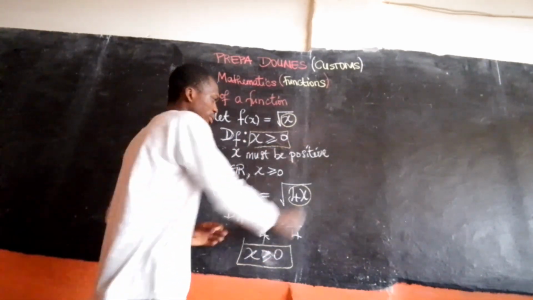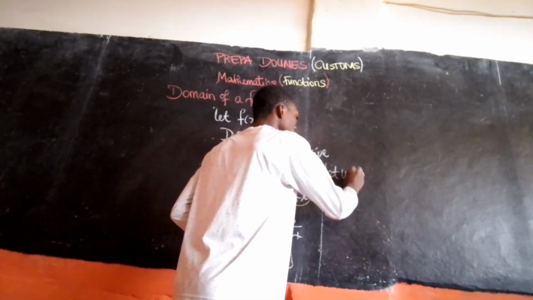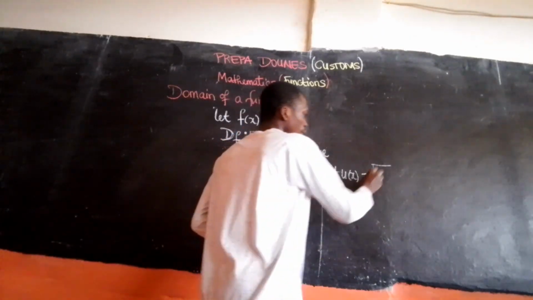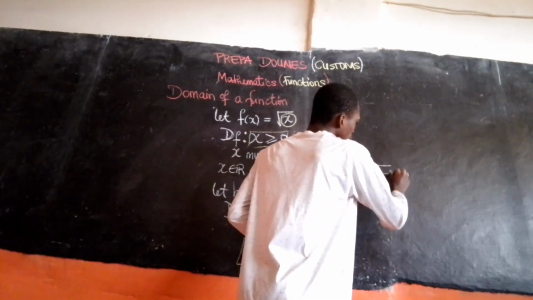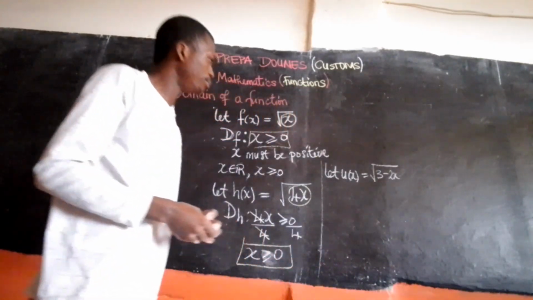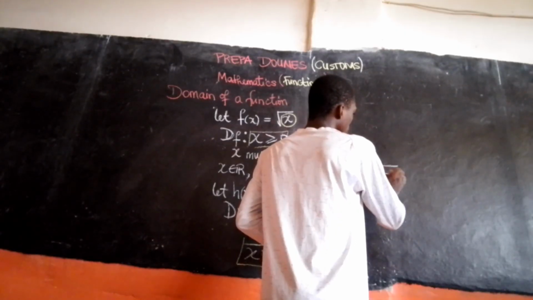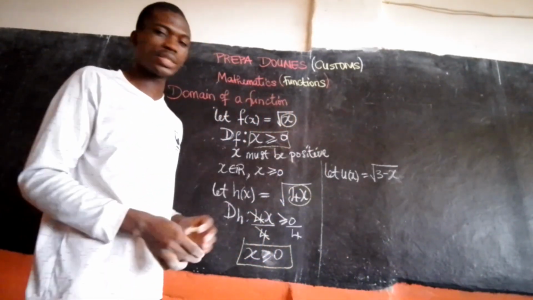Now the last example I'll take, let u of x equal the square root of 3 minus x, for example. Yes, 3 minus x.